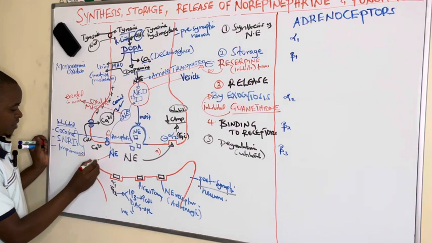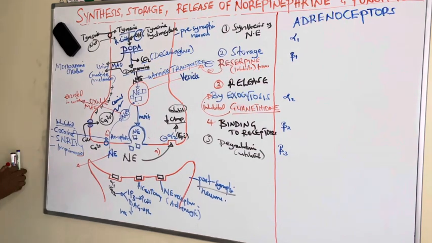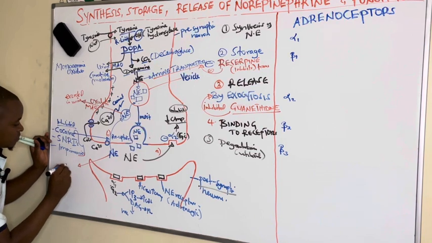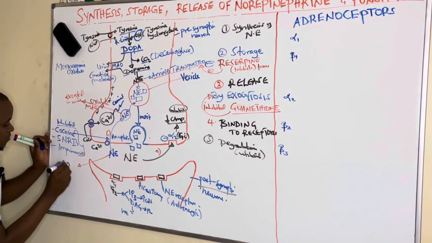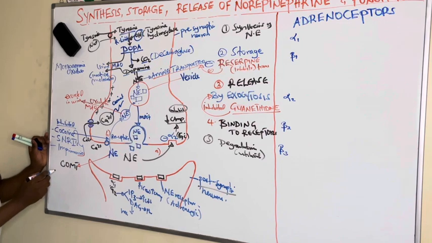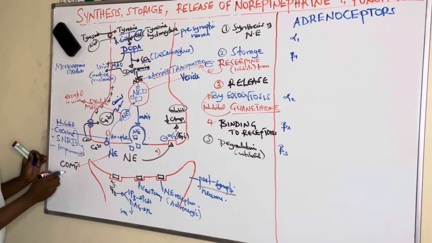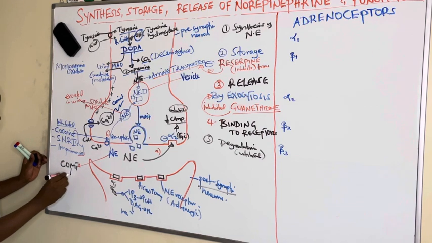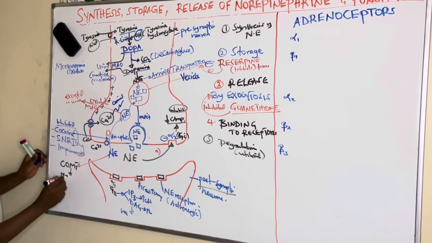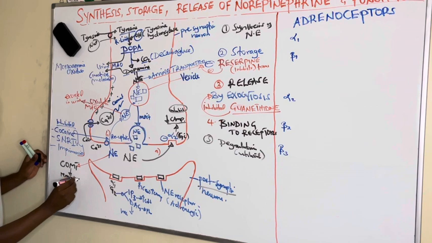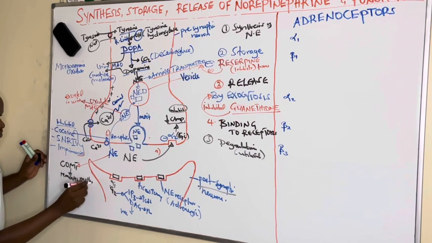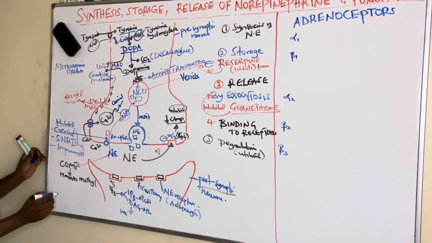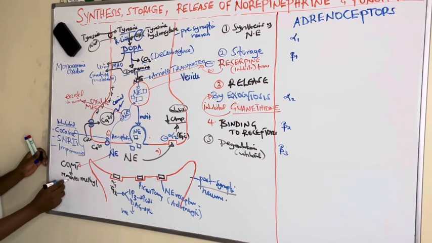norepinephrine here. It can also be degraded by an enzyme known as COMT, catechol-O-methyltransferase, which removes the methyl group from norepinephrine, and it forms epinephrine.